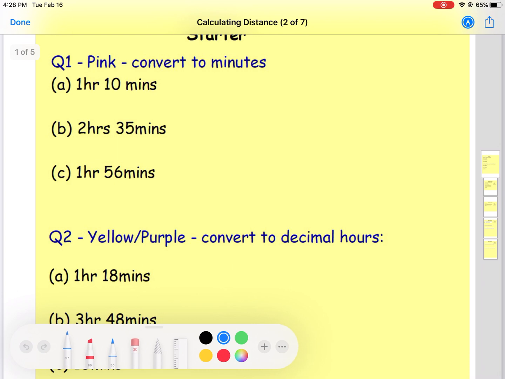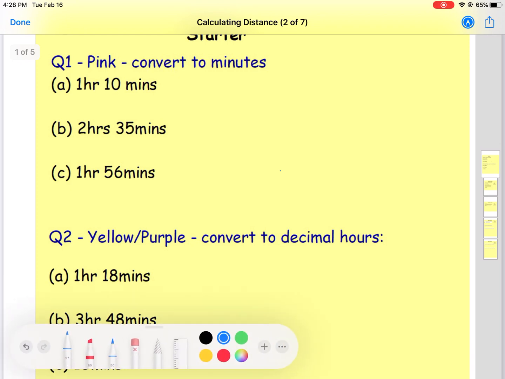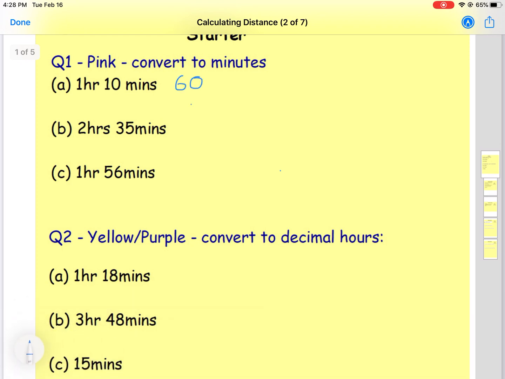Right, question 1 would be the pink lot of questions. We're looking to convert each of these times in hours and minutes into just minutes. So remember there are 60 minutes within 1 hour, therefore for question A we've got 60 minutes contained within the hour plus another 10, giving us 70 minutes altogether.